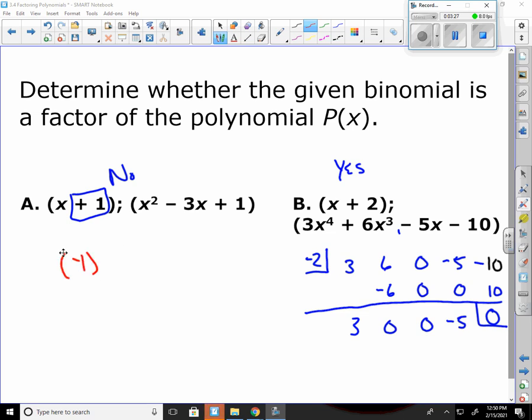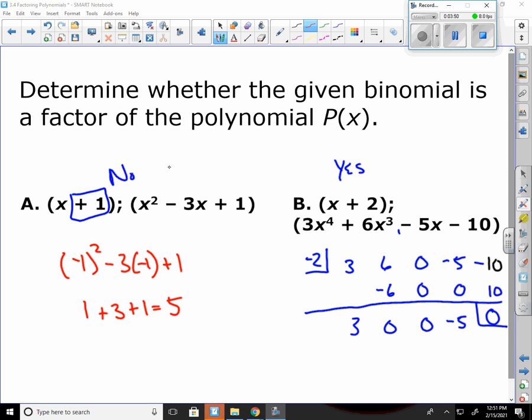So -1 squared minus 3 times -1 plus 1. -1 squared is 1. -3 times -1 gives me 3 plus 1. 1 plus 3 plus 1 is 5.